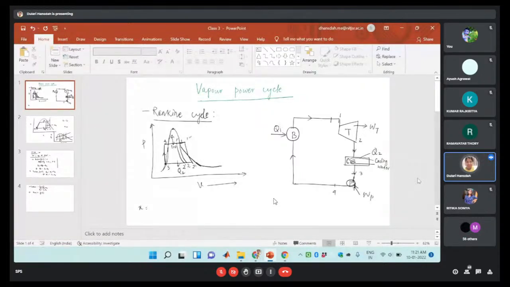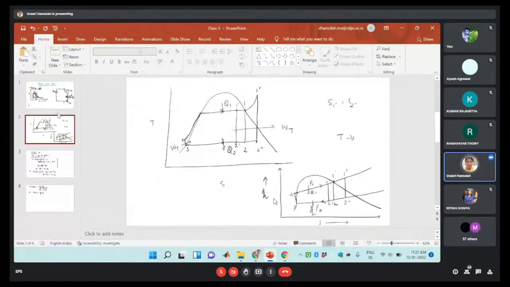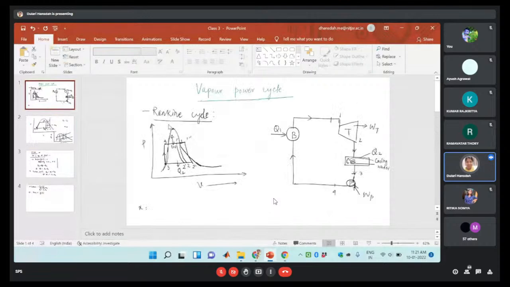Okay, so last class we discussed up to the starting of the Rankine cycle. There we drew the PV diagram, TS diagram and HS diagram. We took the condition of the steam inlet to the turbine as wet steam, dry saturated steam, and superheated steam.